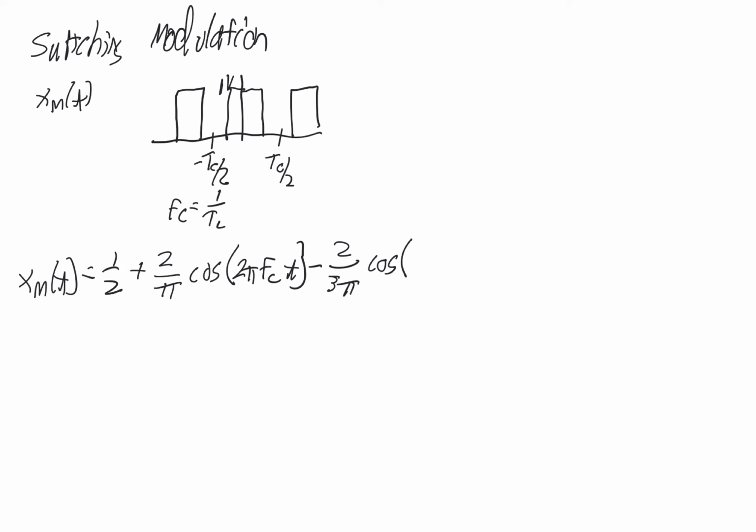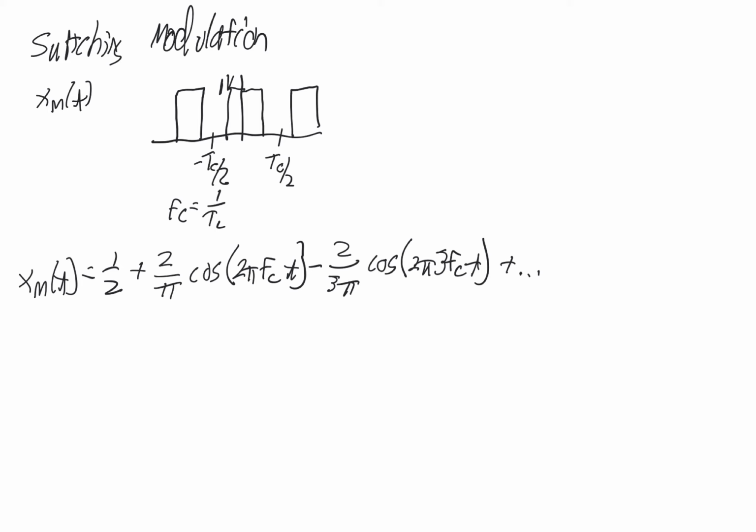Here we are at the third harmonic, so it's 2 pi times 3, the carrier frequency, times t, and then we will go on from there. That is the square wave based on the Fourier series.